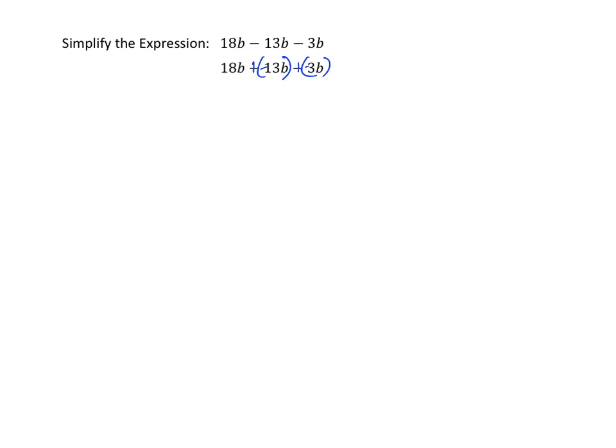Okay, and now if I look, they're all b's. So I'm okay there. So really what I have is 18 b's plus negative 13 b's plus negative 3 times b, all of these times b. And when I add these up, this is negative 16, and that's going to give me 2b.